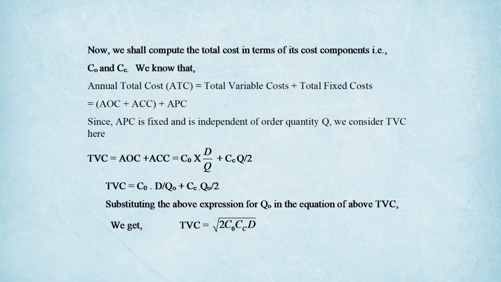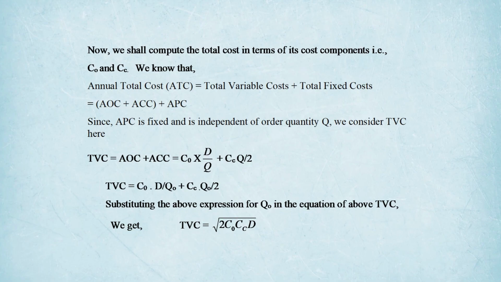We put all the things we calculated on the earlier page into the equation and differentiate in terms of the order quantity. So we get the optimum quantity Q equal to the square root of 2 C0 D by C.